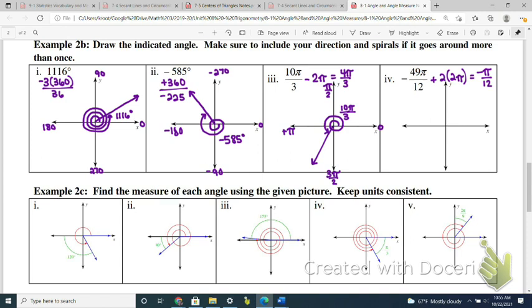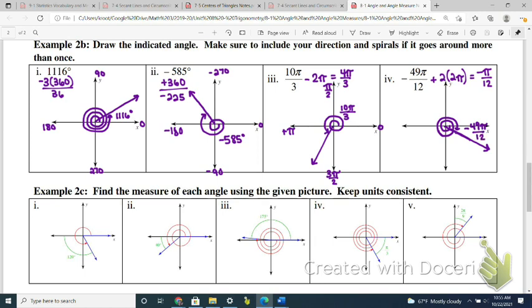So it's going to go around in the negative direction 1 spiral, 2 spirals, and then a negative 12th more. So that's a negative 49 pi over 12.